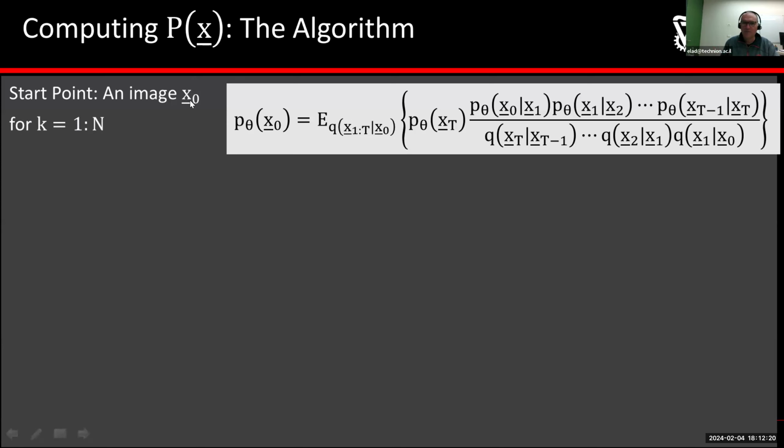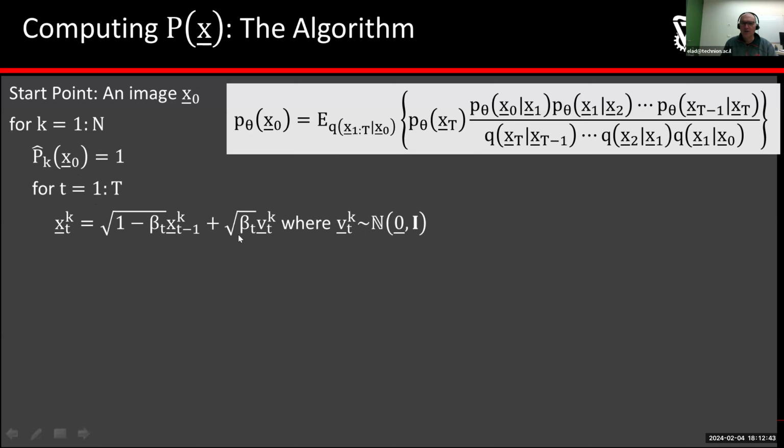Here's what you're supposed to do. You have an outer loop that runs over many drawings of forward processes, capital N such processes. And by the way, N could be 1. And you have an inner loop that runs over the elements of the expression. You start with the probability being 1, and you accumulate the numerator and the denominator, basically the first Gaussian that refers to the forward path.